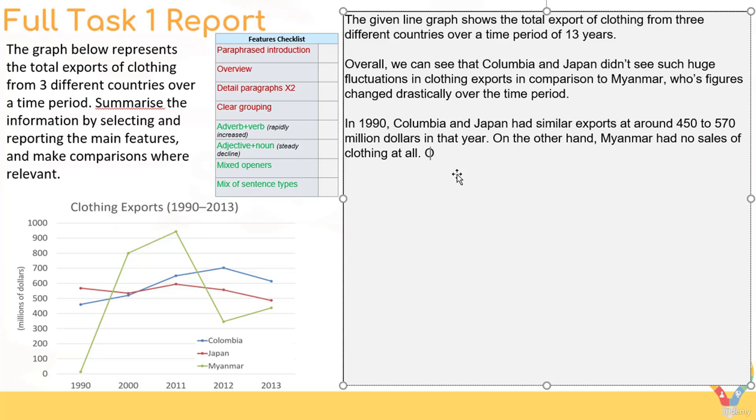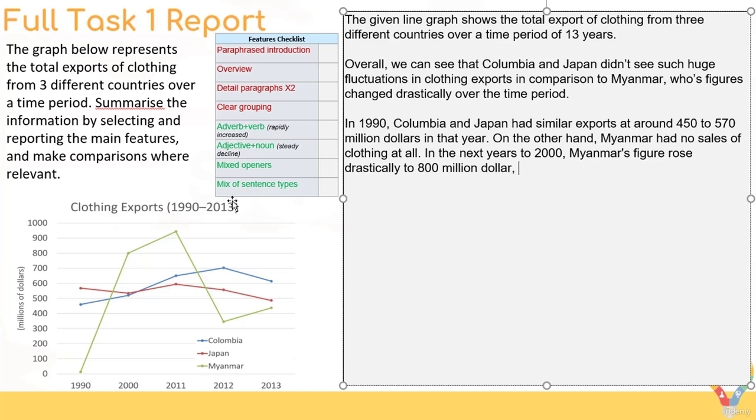In the next 10 years to 2000, Myanmar's figure rose. Apologies for my writing there. Myanmar's figure rose drastically to $800 million.